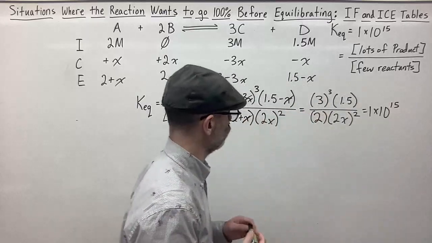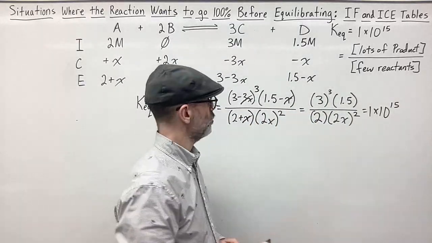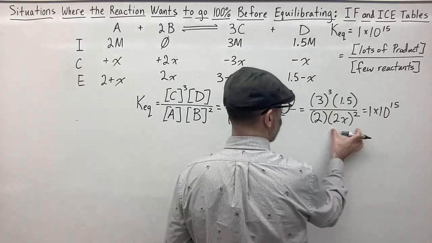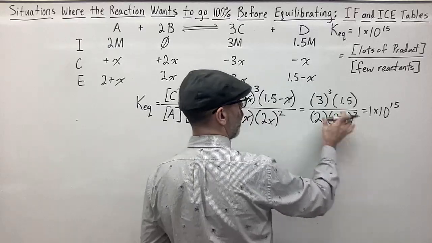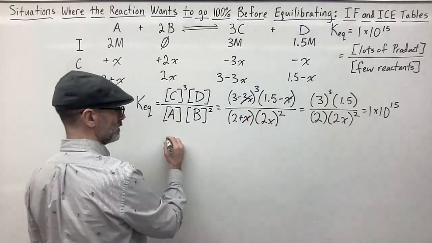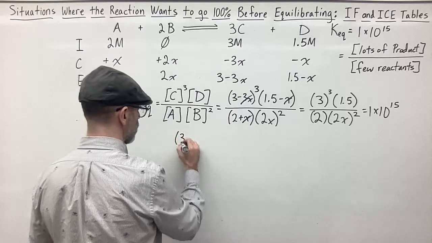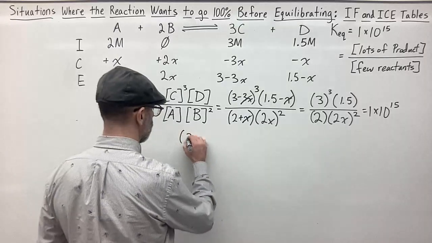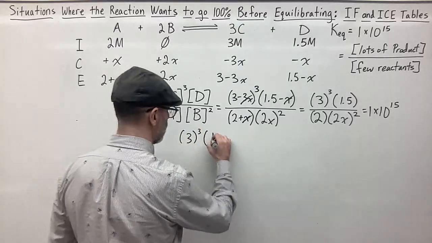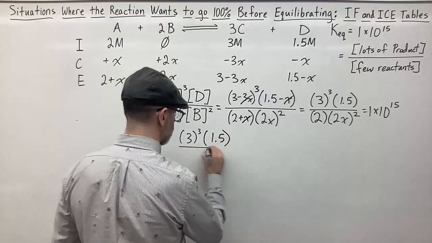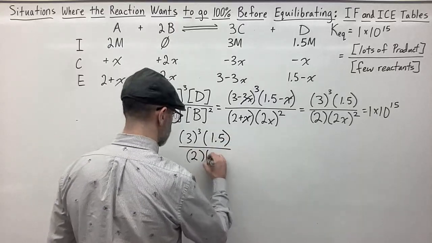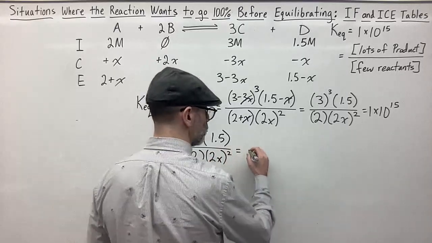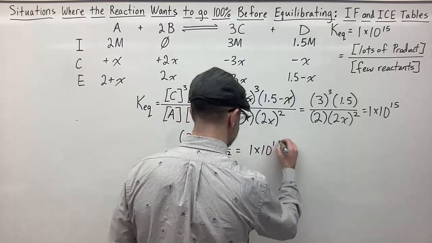So now all we need to do is solve for x. 3 cubed is 27. So let's rewrite this. We have 3 cubed times 1.5 divided by 2 times 2x squared, and that's going to be equal to 1 times 10 to the 15.